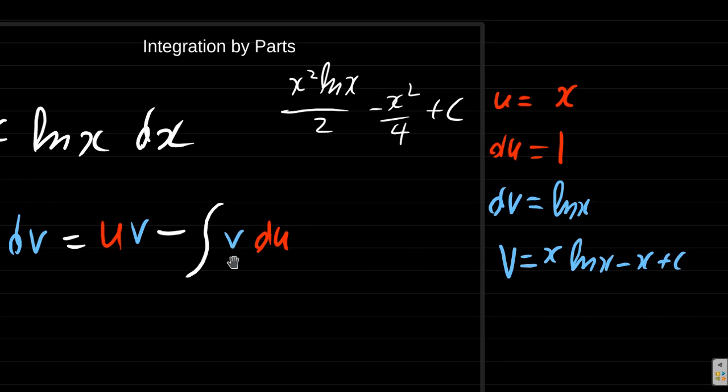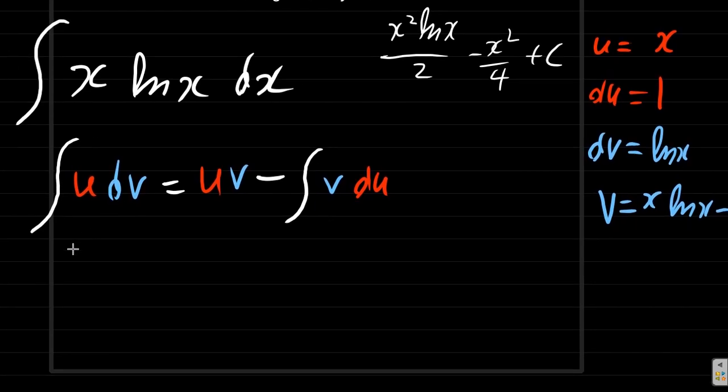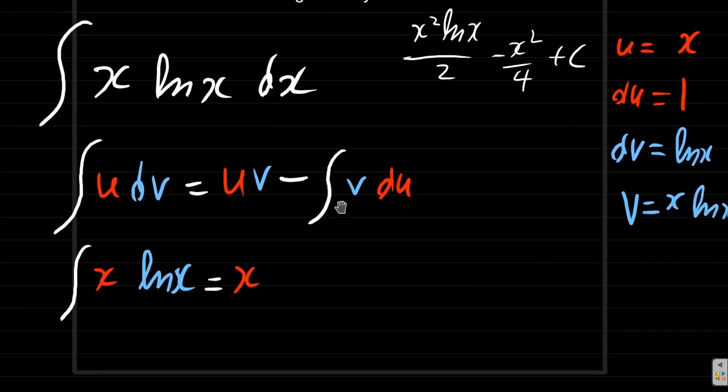Now, let's see how it goes. We have the integral of u, which is x, dv, which is ln x, is equal to u, which is x, times v, which is x ln x minus x.